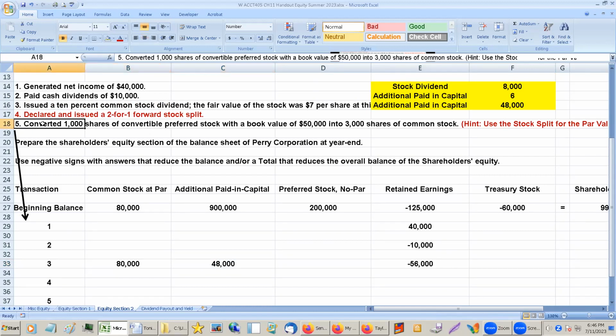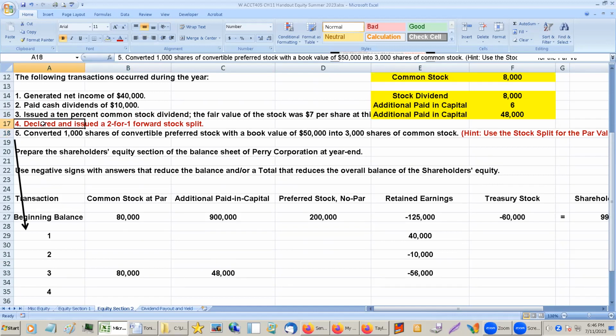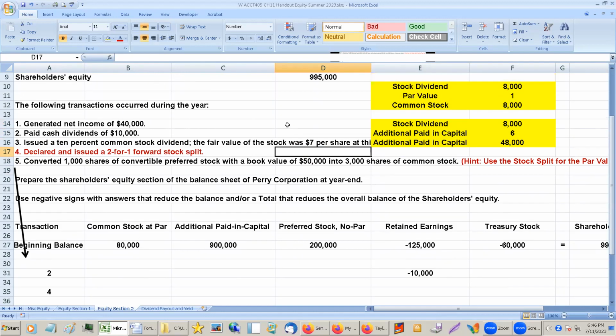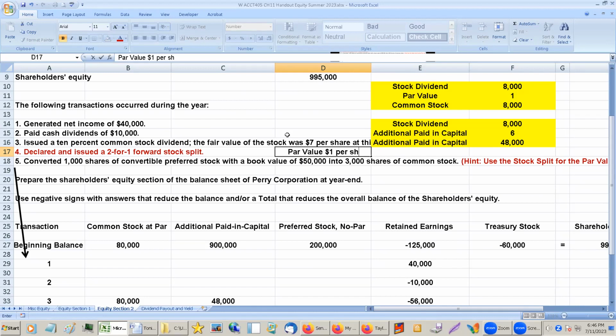Okay. Declared and issued a 2-for-1 forward stock split. Okay, the thing we're going to have to pay attention to on this one is the par value. So the par value is $1 per share.